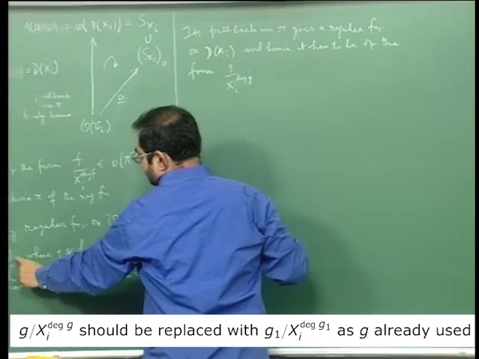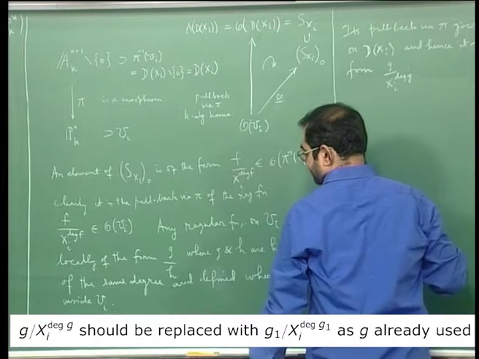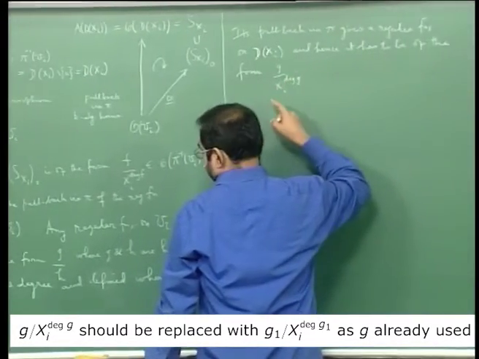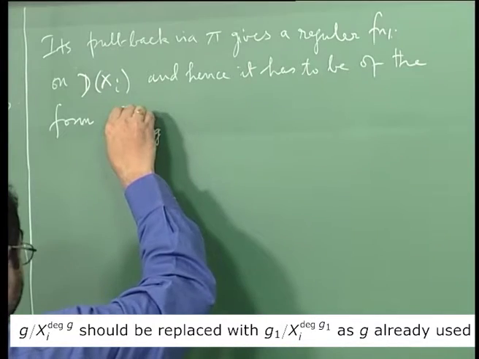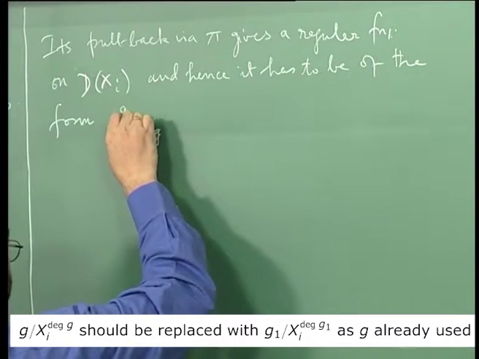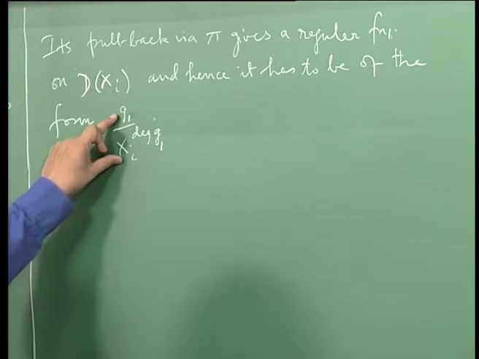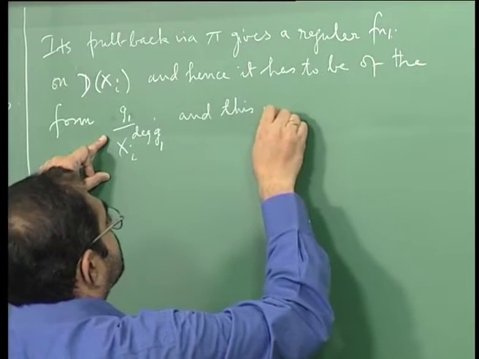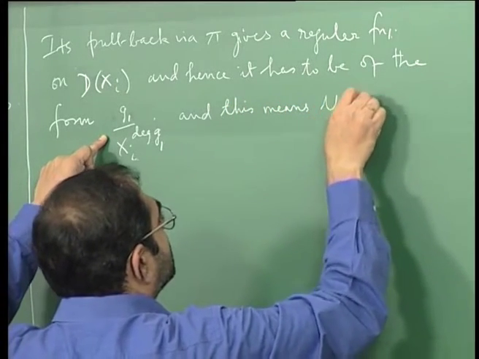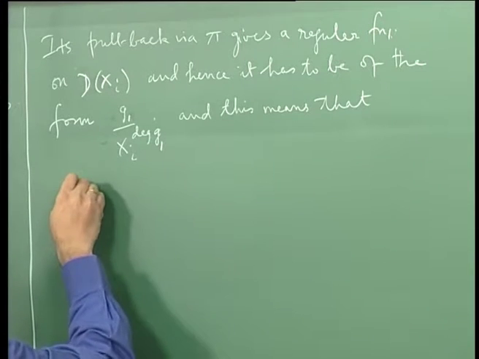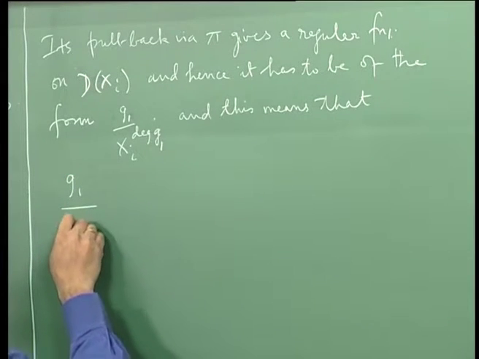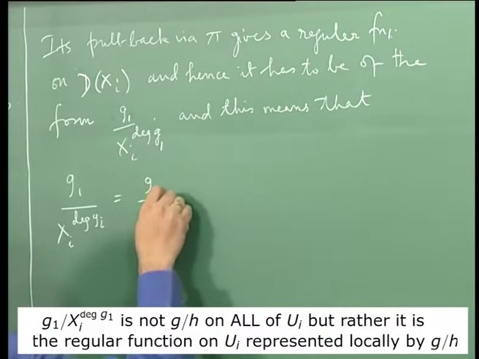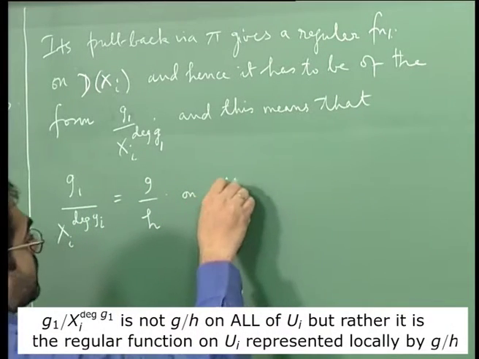Maybe there are some common factors, so if you want I can put G1 here, G1 by xi to the power of degree G1, and this means that G1 by xi to the power of degree G1 is the same as g by h on all of Ui.